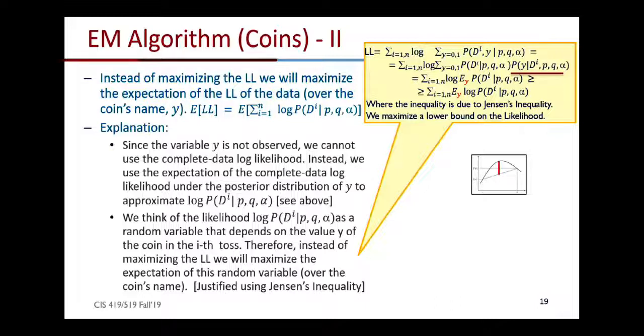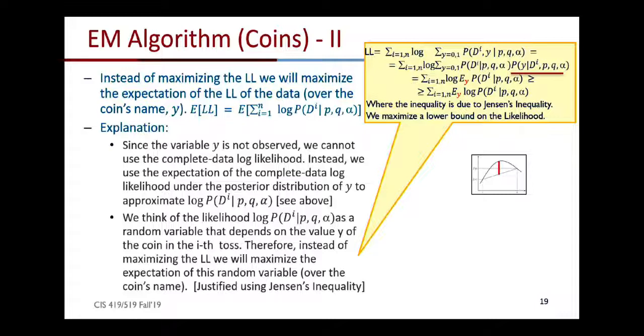And the log is always above them. So the log of the expectation is always greater than the expectation of the log. This is called Jensen's inequality. We're going to deal with the resulting expectation of the log and maximize that. So we maximize the lower bound of the likelihood, and this is why it makes sense.